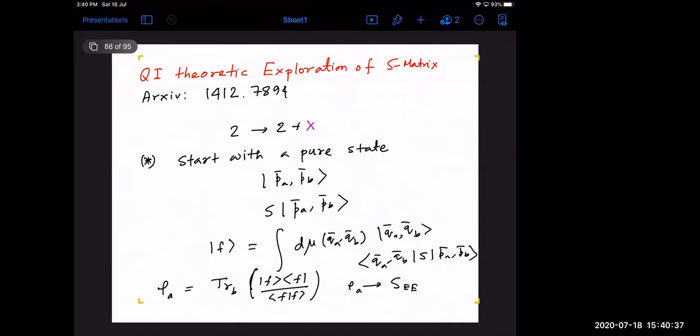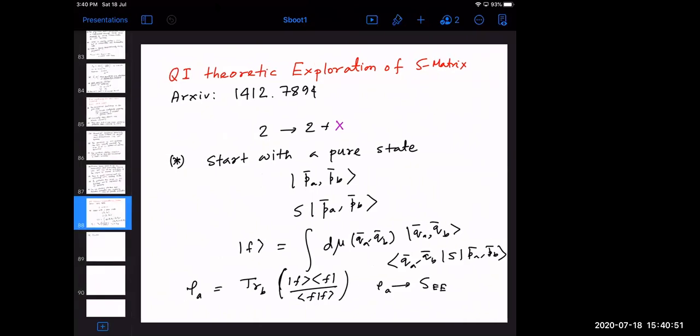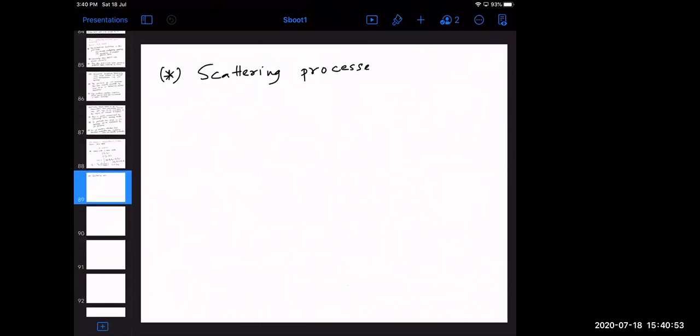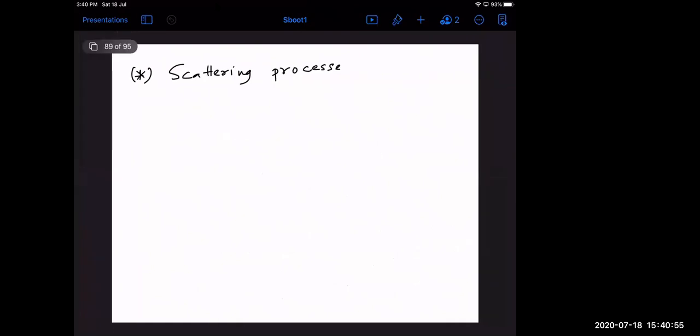So this is a very important hint to me, at least, that scattering processes QI, and in particular the S-matrix acts as a QI processing device.